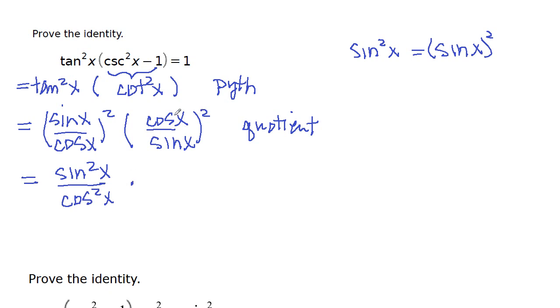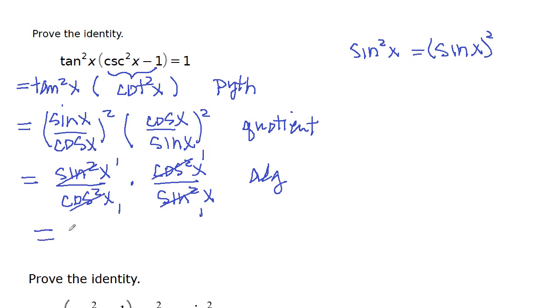And then here, square the cosine on top, cosine squared x, over square the sine on the bottom, sine squared x. And that is just algebra. And then note, look here, sine squareds cancel and cosine squareds cancel. So that just leaves 1 every place. So that's just 1 divided by 1, which is 1. And that's also algebra.